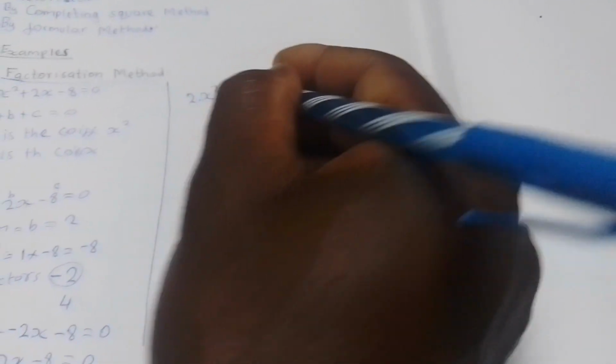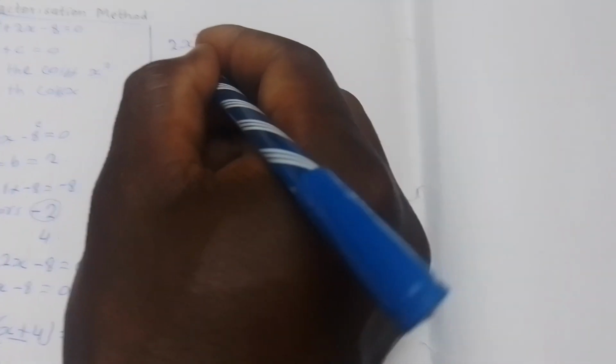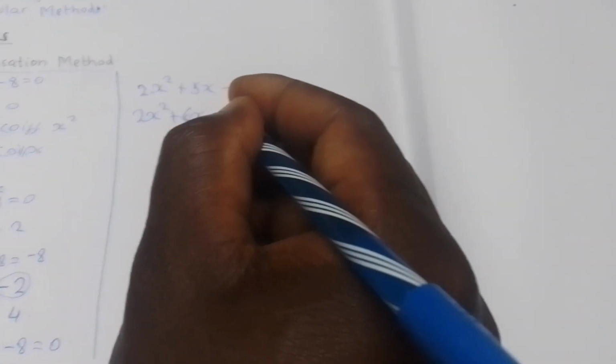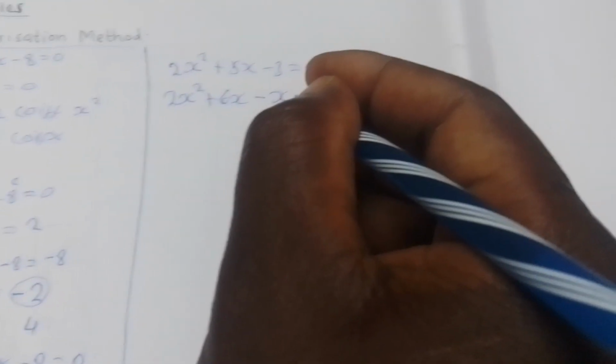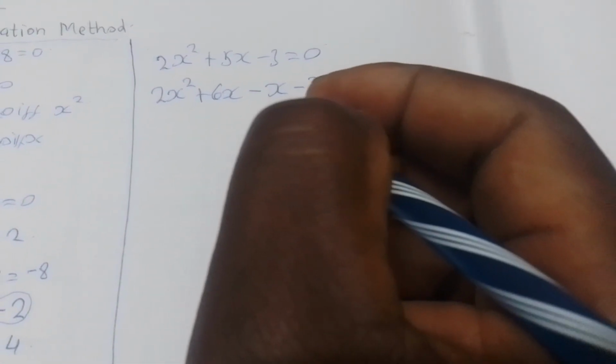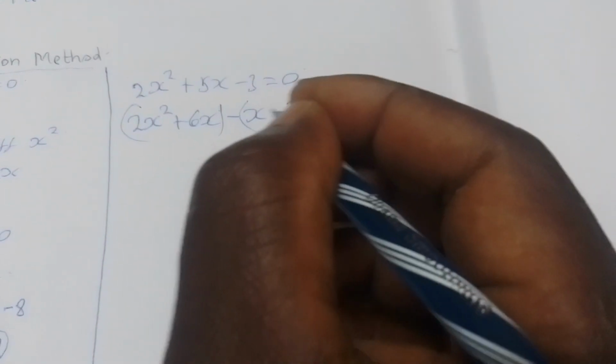Now let's factorize our equation. Our equation is 2x squared plus 5x minus 3 is equal to 0. So it will be 2x squared plus 6x minus x minus 3 is equal to 0. Let's factorize it.